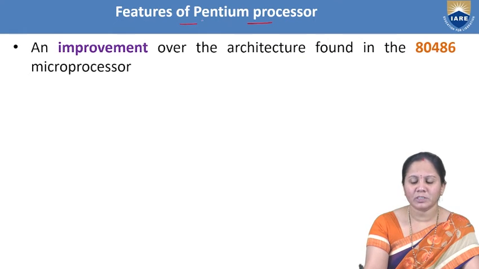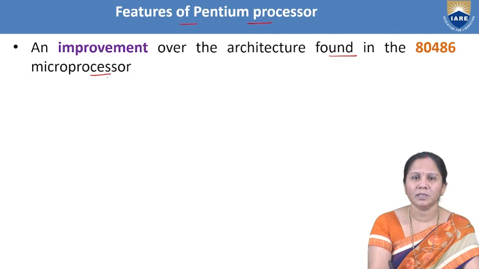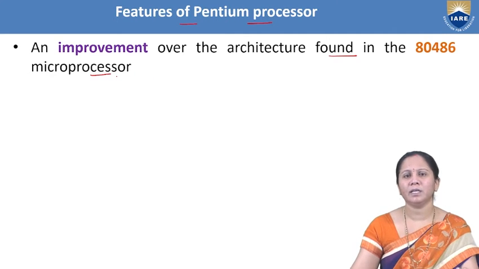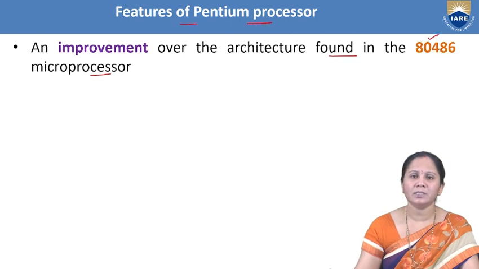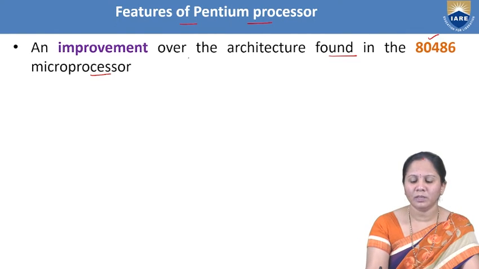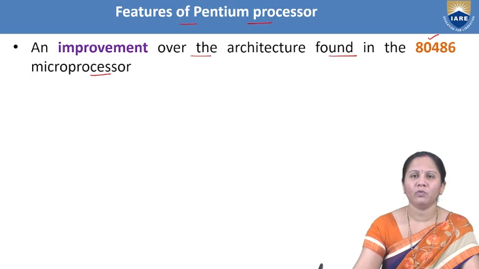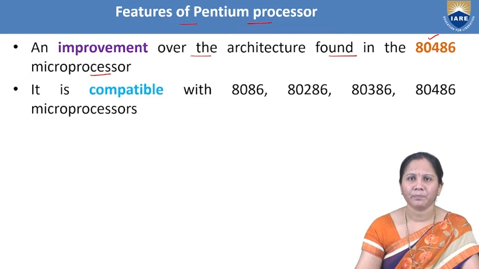Coming to the continuation of the features of the Pentium processor: it is an improvement over the architecture found in the 80486 microprocessor. We have just seen the diagram; the earlier architecture consists of only one execution unit, and does not consist of a floating point unit as well as a cache unit. But the 80486 consists of a floating point unit and a cache unit. So the improvement over the architecture of 80486 has been done in the Pentium processor.